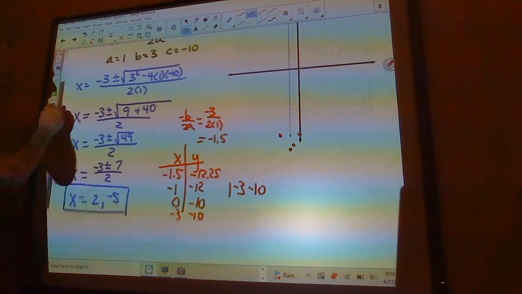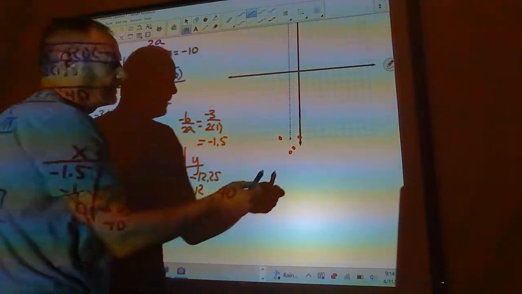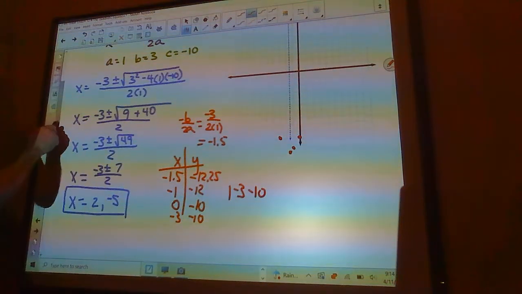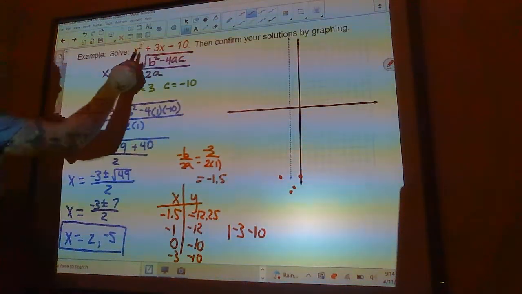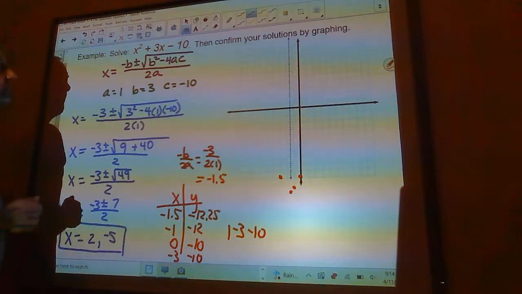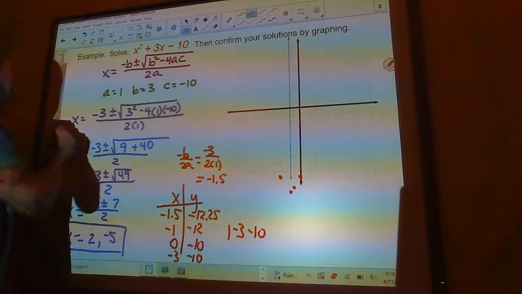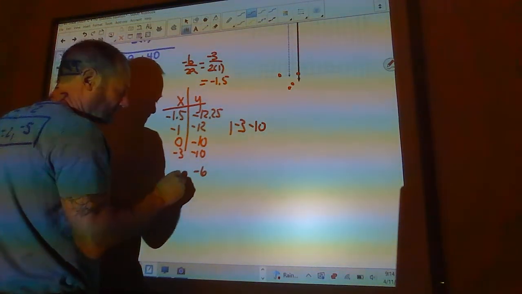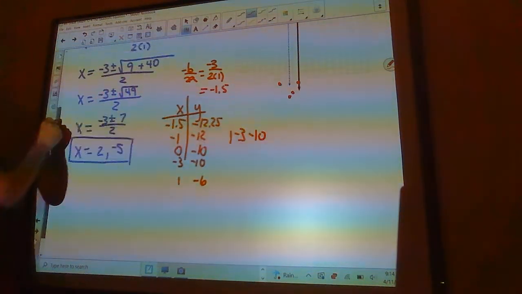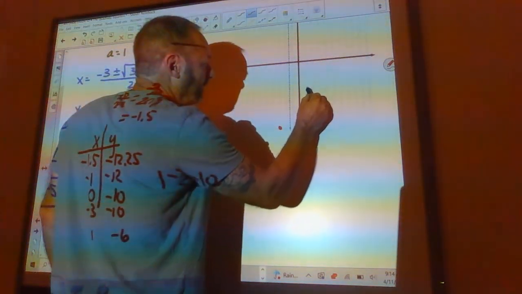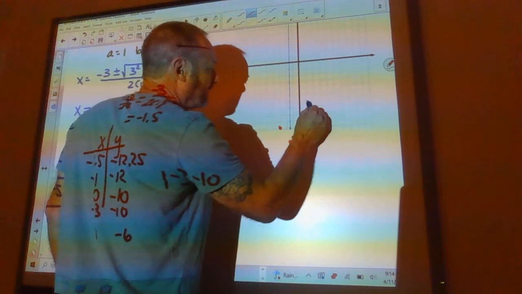And let's pick one more. Let's go out here to 1. 1's an easy number to use. So if I plug 1 into this equation, I'm going to get 1 plus 3 is 4 minus 10 is negative 6. Okay, so 1, negative 6.